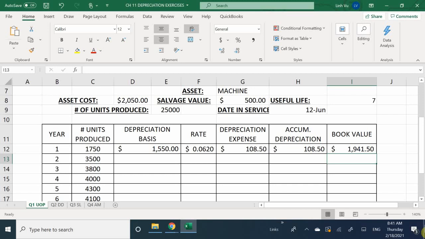So can we depreciate it for the full amount? I'm going to say yes because it's based on the units produced rather than the time. Absolutely. Oh, good job, Daniel. In this case, we don't care how old the asset is as long as it meets its capacity.